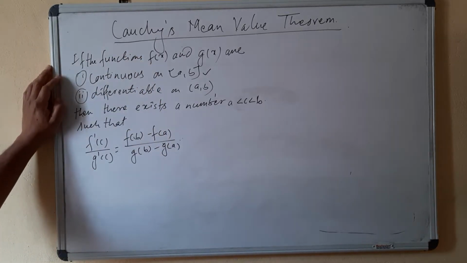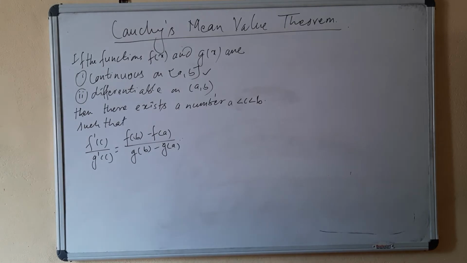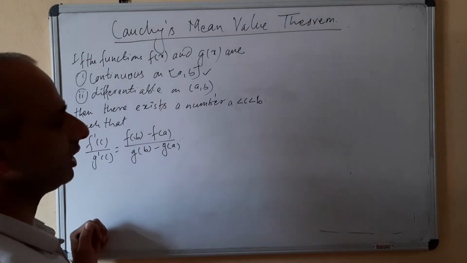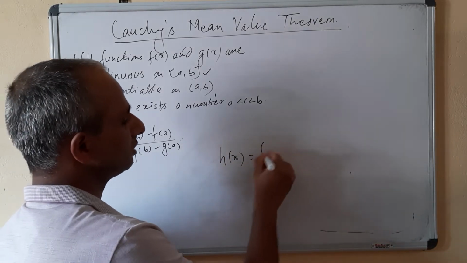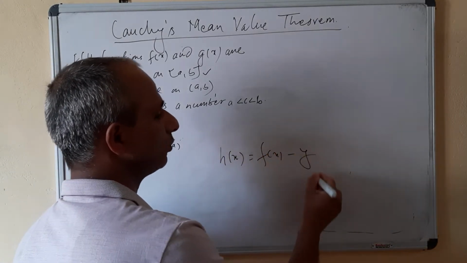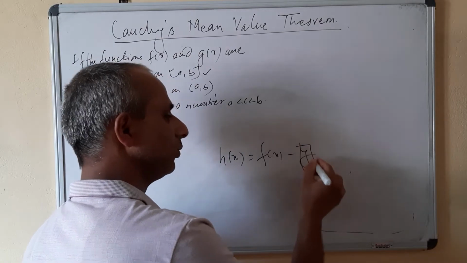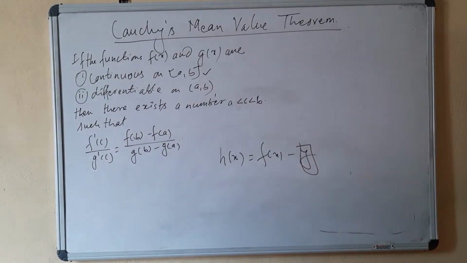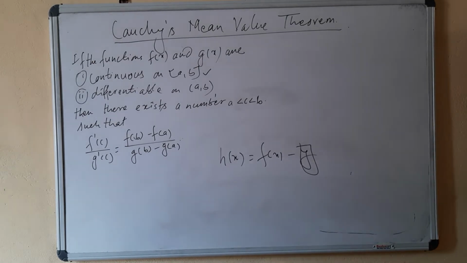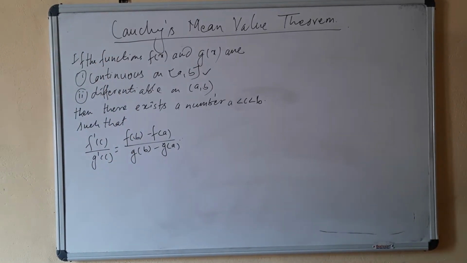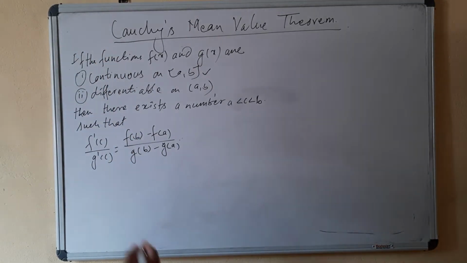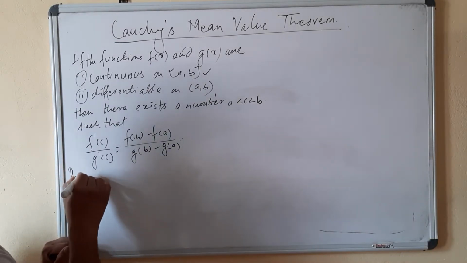In Lagrange's mean value theorem, we defined a third function h(x), which was the difference of the given function f(x) and another function y, which was the equation of the straight line that joins the points (a, f(a)) and (b, f(b)) of the curve. In a similar way, here also we define a function h(x). Now let's start the proof.